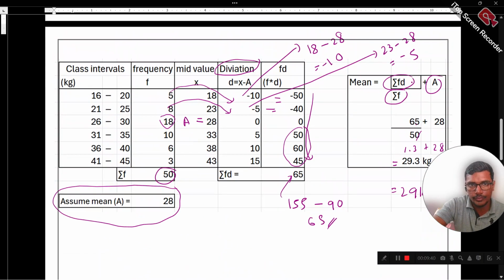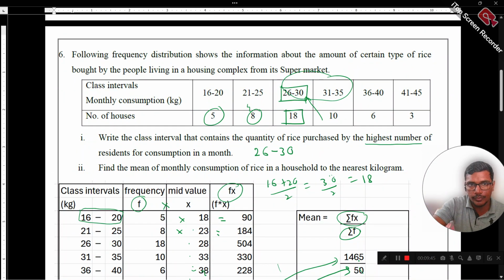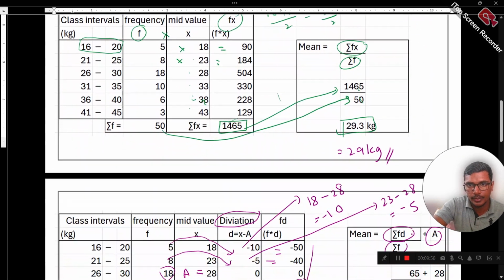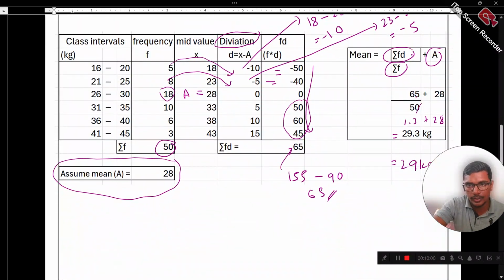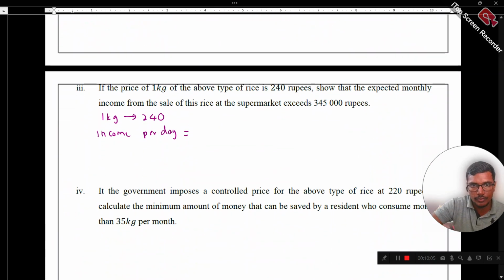Per day. Now we found the mean. What is the mean we found? The frequency distribution for the certain type of rice they bought from the supermarket. So the mean we found is 29. So 29 should be multiplied. We'll find the total income directly. 29 kilograms should be multiplied by 50.